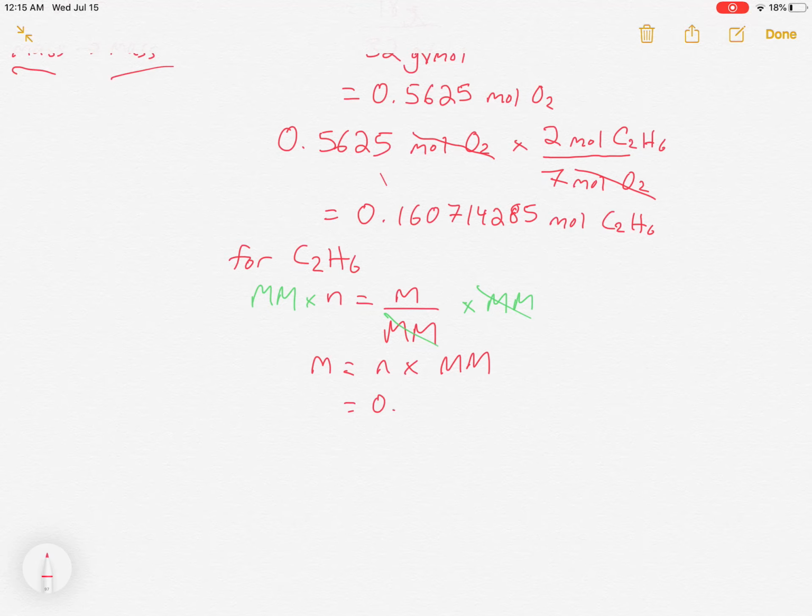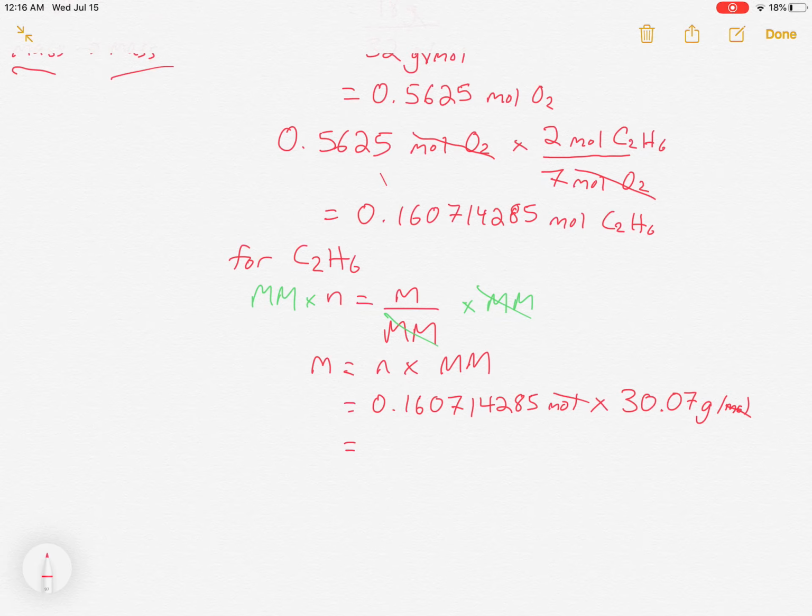So if we have 0.160714285 moles times the molar mass of ethane, you guys would have to look this up on your own, 30.07 grams per mole. And the moles cancel out when we multiply these values, right?